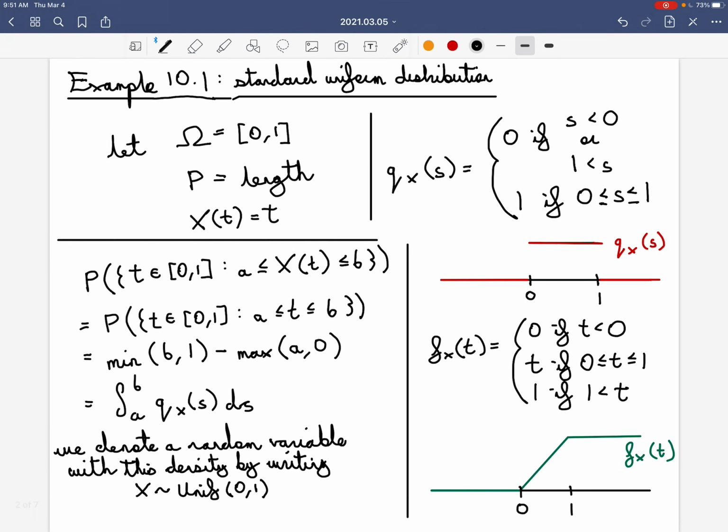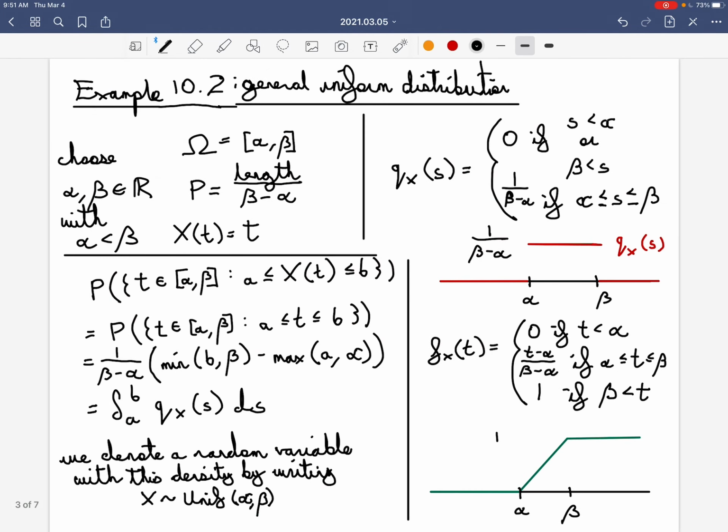So if you go back to the standard uniform distribution, in the second line of the computation on the lower left, where it says probability that t in [0, 1] such that a is less than or equal to t less than or equal to b, what we're doing there is we're intersecting the interval from 0 to 1 with the interval from a to b and computing its length.